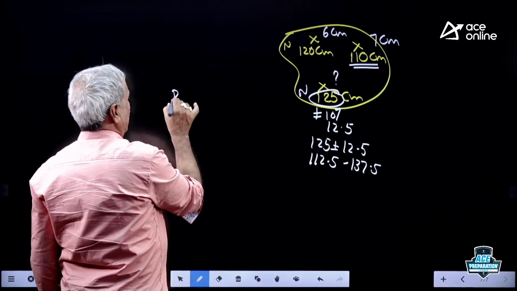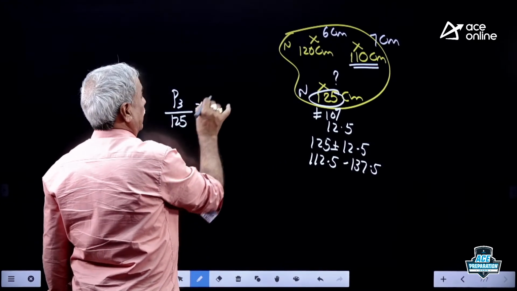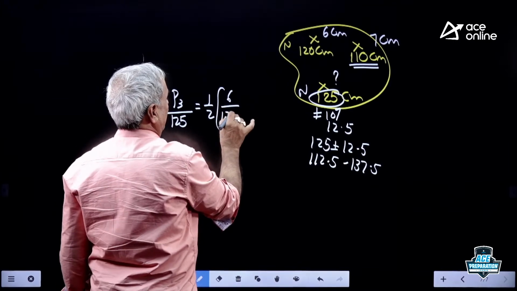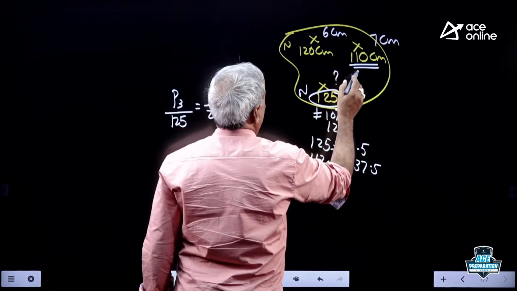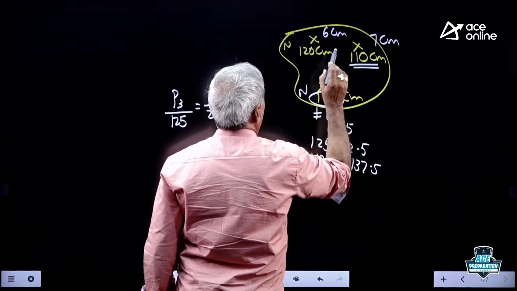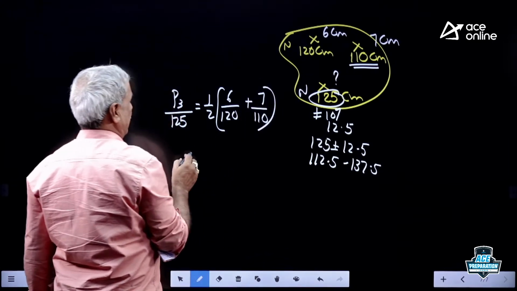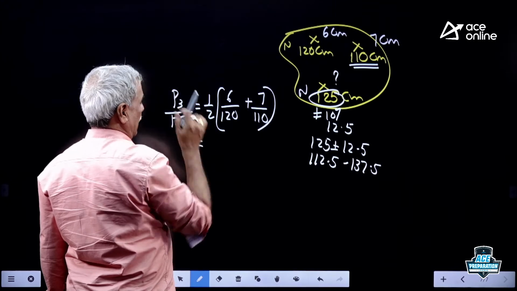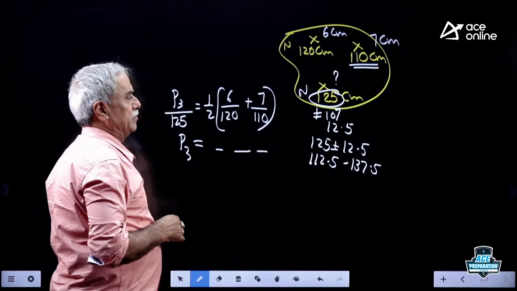So P3 divided by 125, remaining only 2, half of P1, 6 divided by 120, 7 divided by, say this is 110, 7 by 110. Simplify, you can get the value. P3 value can be estimated very easily.